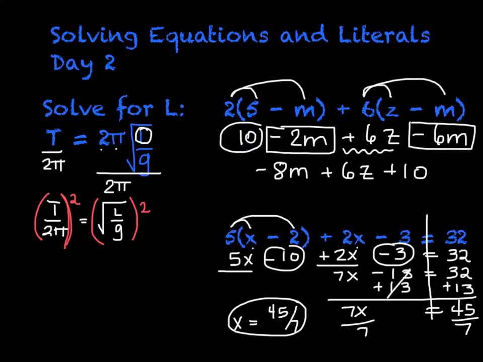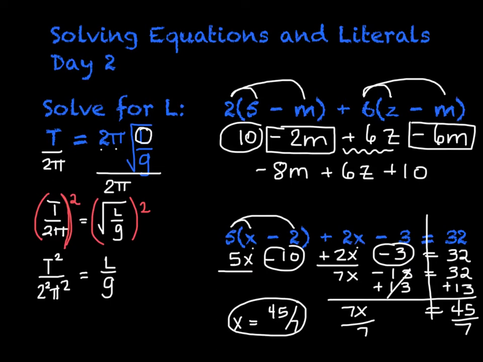So what I'm going to get is t squared over 2 squared pi squared equals the square root, whoops, no square root because I squared. So this squared and the square root will cancel each other out, and I will just have L over g.